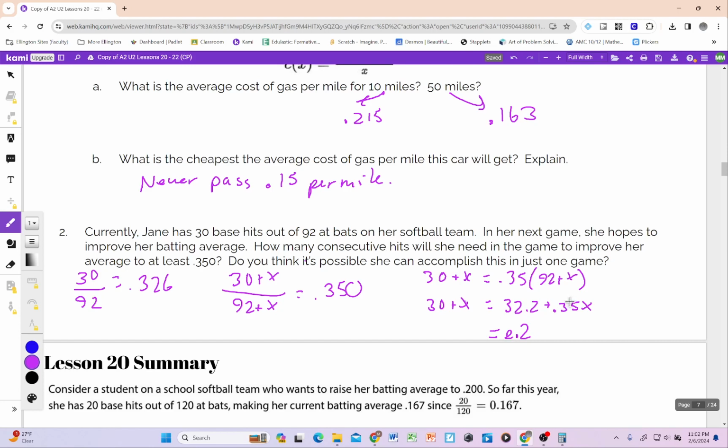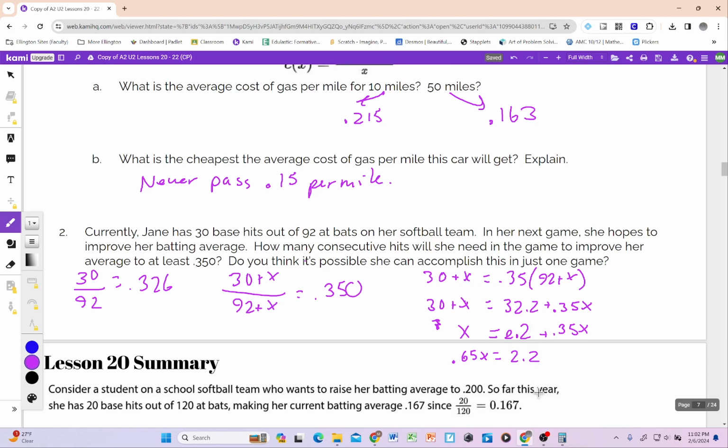And on this side, we're going to subtract 0.35x from both sides. Let's just write it out, because that bar is making me run out of room here. So subtract the 0.35x from both sides. And then all we have to do is divide.